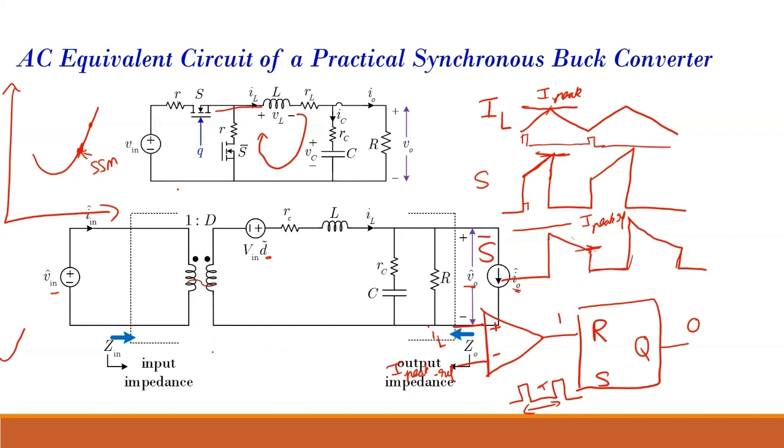Because the DC equivalent model is the steady state equivalent model, which is the DC value. But the AC equivalent model is, suppose you just see, this is my inductor current. So the average inductor current is this. This is my DC value of my inductor current. And this ripple is my AC component of it. So if you use an oscilloscope, there are three modes of operation. One is DC plus AC, where it will show like this.